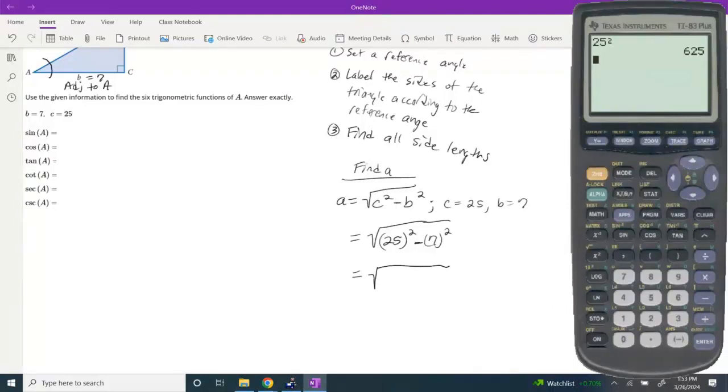So now this is still all under the square root, so we don't cancel the squares. So I'm squaring 25, we get 625. And 7 squared is 49.